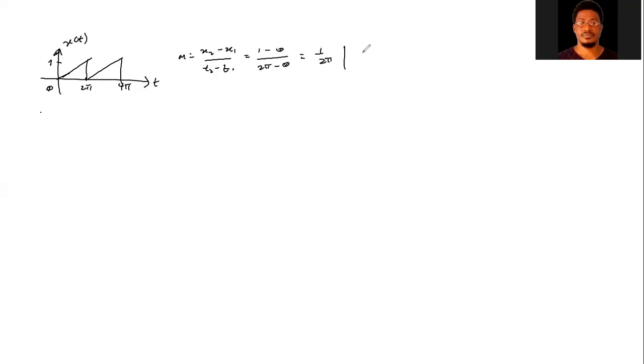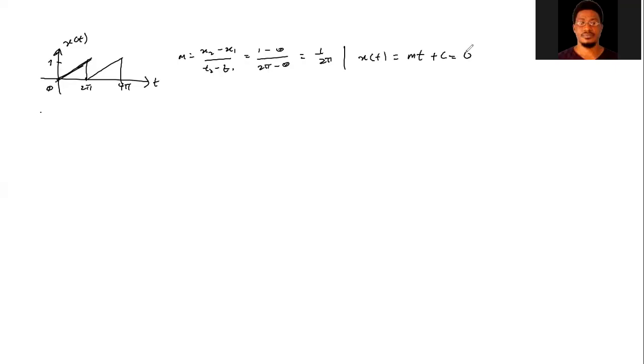Okay? And now we know that the equation of a straight line, this is a straight line, right? Now the equation of a straight line is given as s of t being the same as the gradient times t plus the intercept. So we already know the gradient, and here there is no intercept, so c is 0 because it is going through the origin.